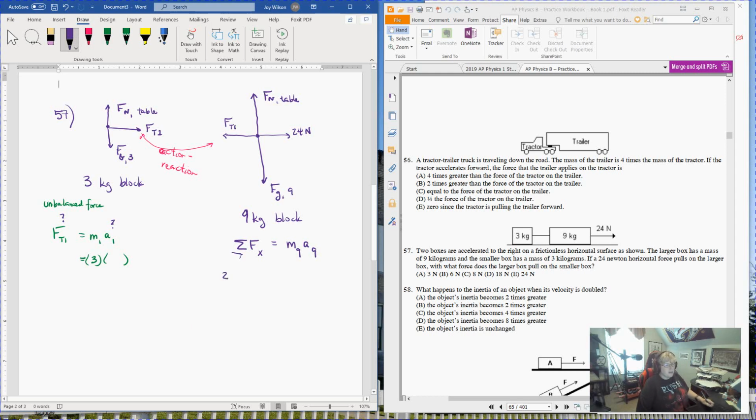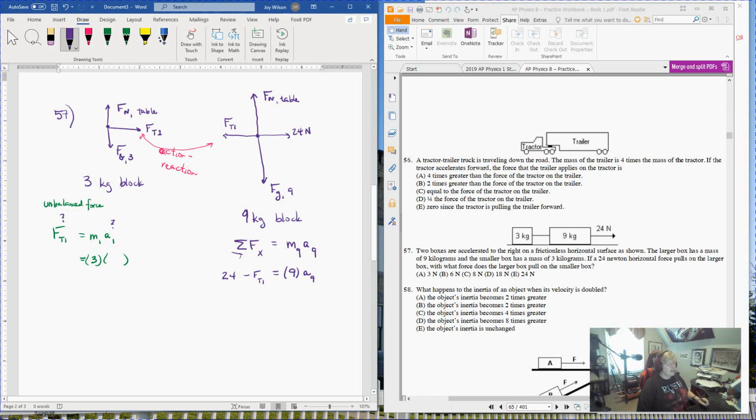We're going to add up 24 to the right minus force tension 1, the rope that pulls the second block, is going to work against that force, so we give it a negative sign, equals the mass of the block, which is 9, and the acceleration of the block, which I don't know. Okay? So you say, now, Miss Wilson, I don't know how to answer that, because, once again, I don't know two things.